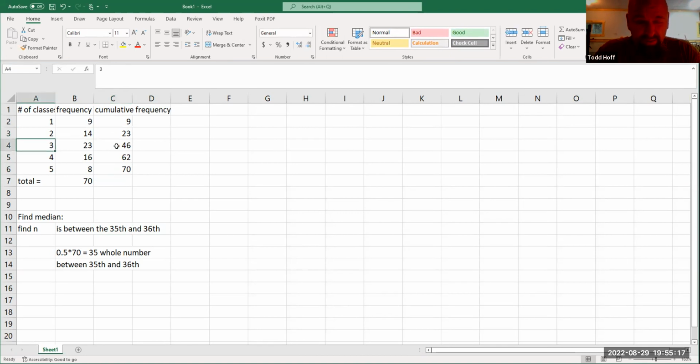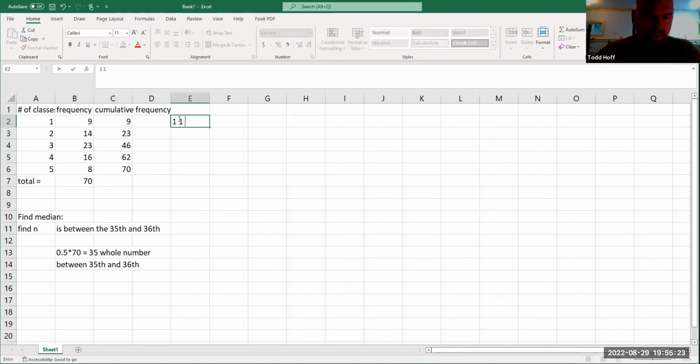The 3s go up to the 46th data point. Now remember, there's 23 3s. What this is really saying is we have 9 1s, and then 14 2s, and then 23 3s. So the 35th and 36th numbers are both going to be 3s. So the median here is going to be 3.